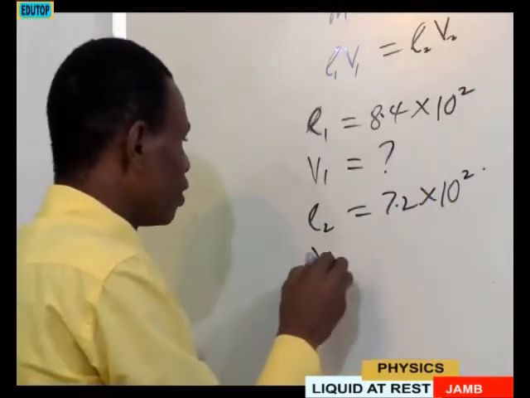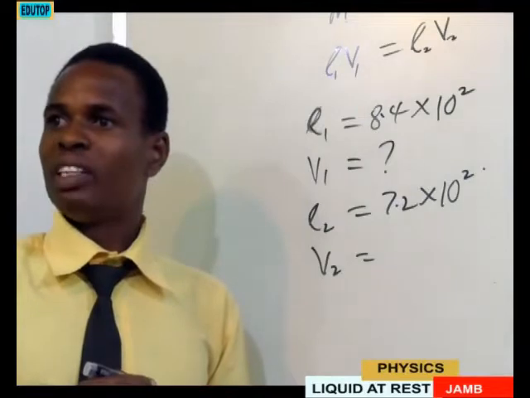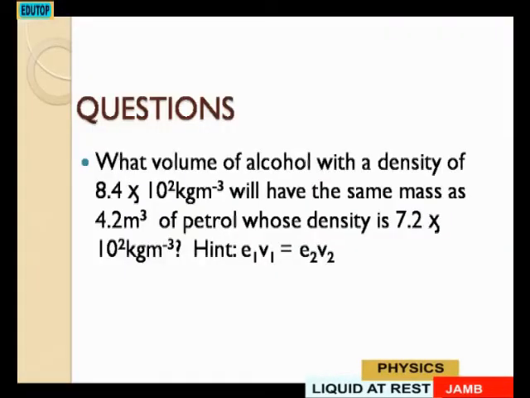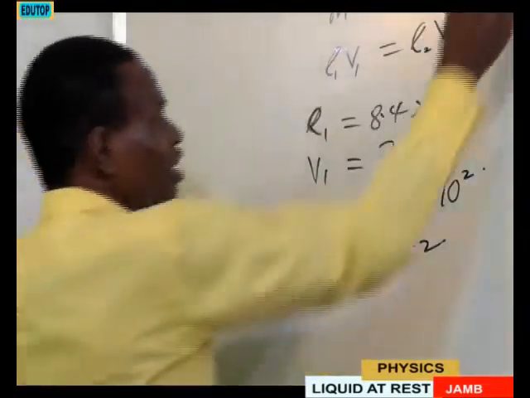Then let's take V2 to be the volume of petrol, which we have been given. We are told that petrol, whose density is 7.2, has a volume of 4.2.